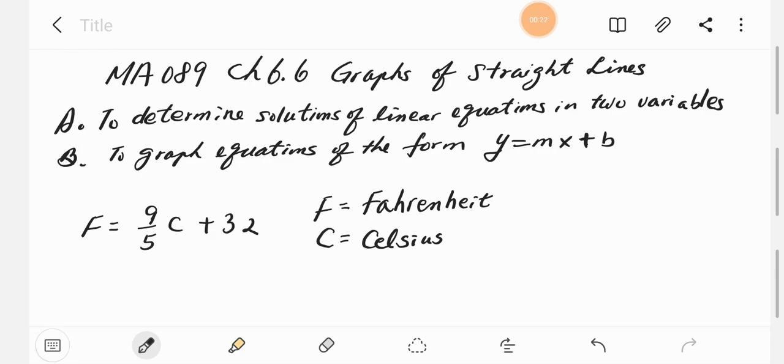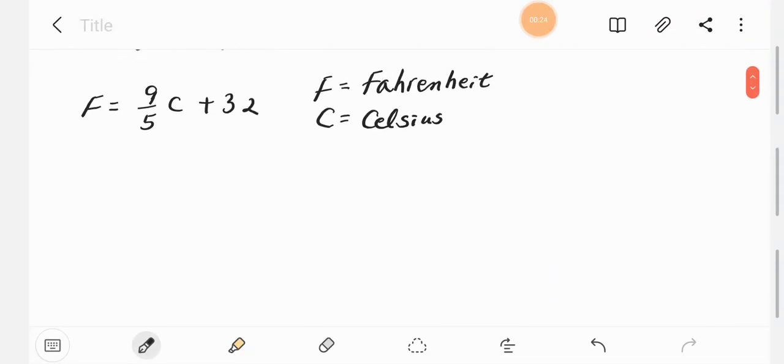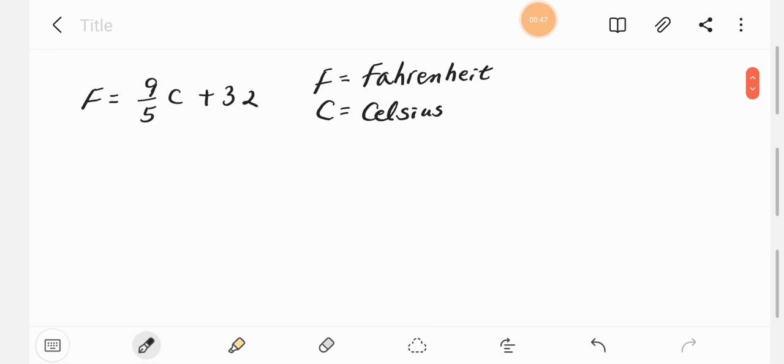So there is an equation in two variables, for example this one: F is equal to 9 over 5 times C plus 32. F represents the temperature in Fahrenheit, and C represents the degrees in Celsius. So they are both temperature. If a Celsius is given, then you can convert the Celsius into the Fahrenheit.